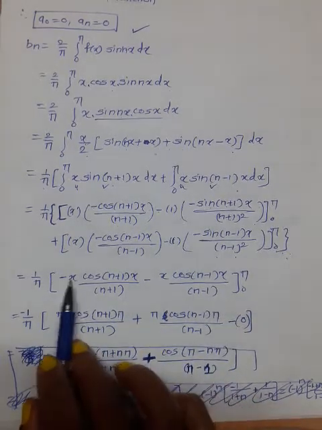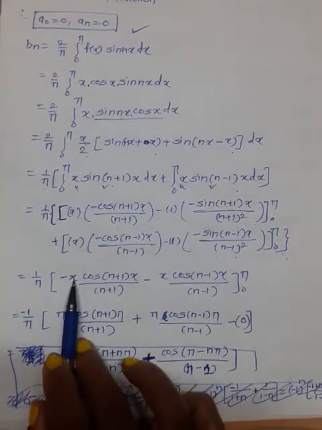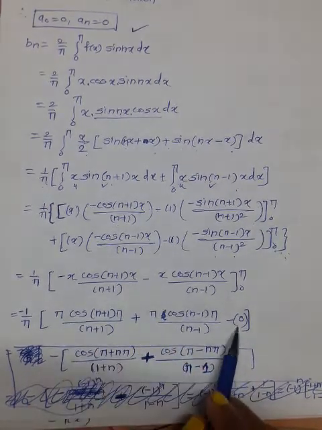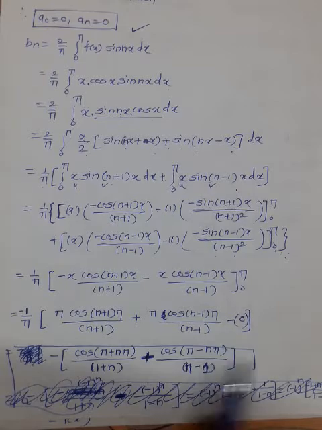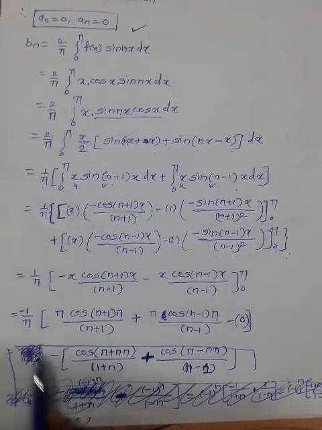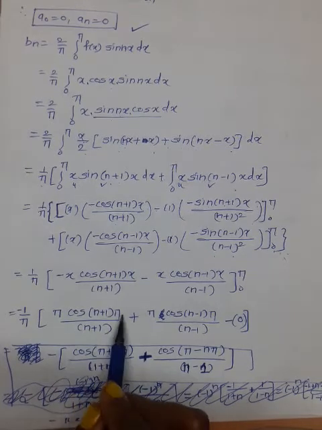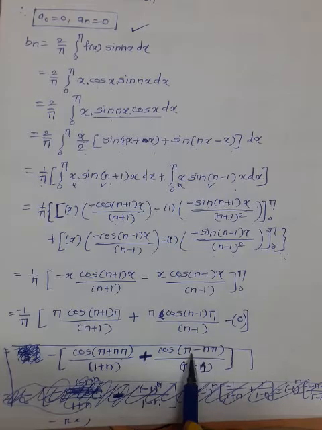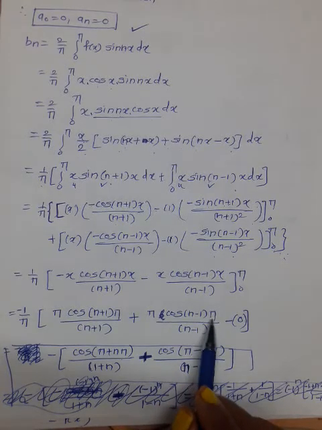For the lower limit, we know it is 0 because if we put 0 here as the x value, it becomes 0. Now take this pi outside, cancel with this pi, and inside the bracket: cos of pi plus n pi, and plus cos of n pi minus pi.